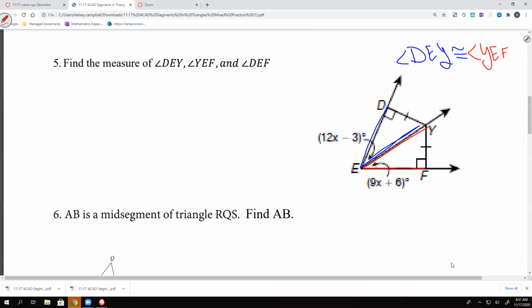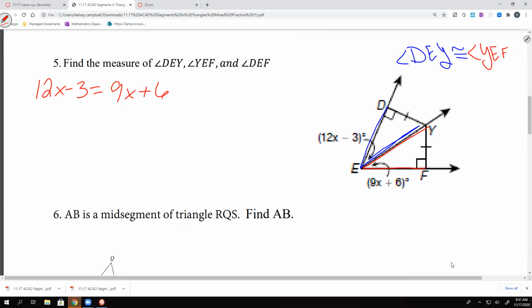Yes? That's supposed to be an angle symbol. I'm sorry. It's not very good. Okay, so we know that these two angles are congruent. So y'all, if they're congruent, what do we do with the two expressions? We make them equal. Yep, that's exactly right. So 12x minus 3 equals 9x plus 6. Okay, what do we do? How do I solve it? Yeah, move the 9x, right?